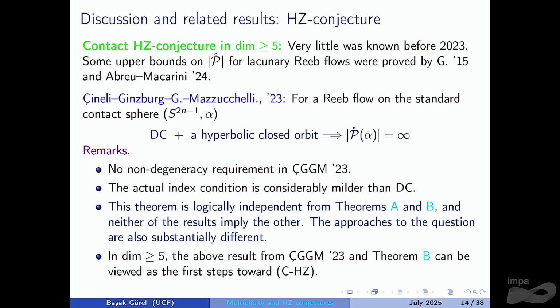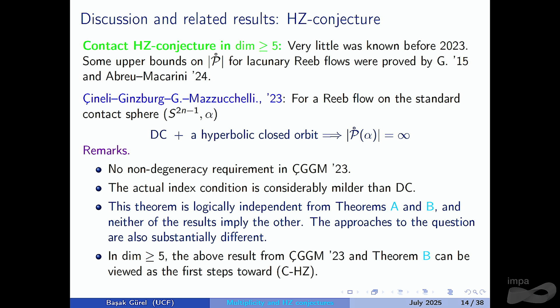This is literally the analog of the CP^n result in the Reeb case, and maybe what I would think of as the first result in the HZ direction here, but more in the direction of forced existence of periodic orbits. Again, no non-degeneracy here, and this DC is actually much weaker than DC in the actual theorem.